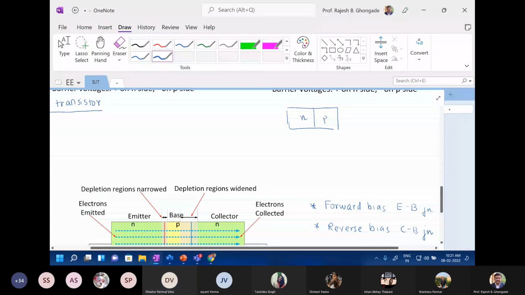So N, P, I'm not showing any depletion region here. तो n को अगर मैं नेगेटिव देता हूं और p को पॉजिटिव देता हूं तो ये हो गया फॉरवर्ड बायस। याद रखो, n समझो ये नेगेटिव है, ऑलराइट। I am connecting negative to negative, positive to positive. ये हो गया फॉरवर्ड बायस। रिवर्स बायस कैसे होगा?